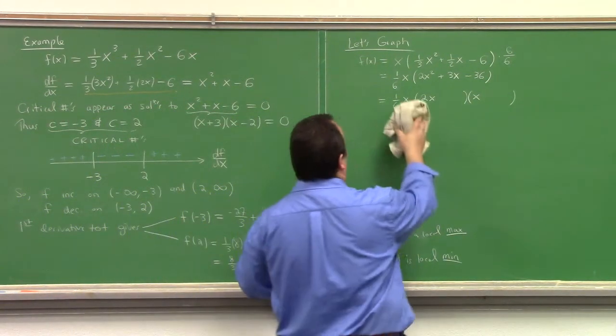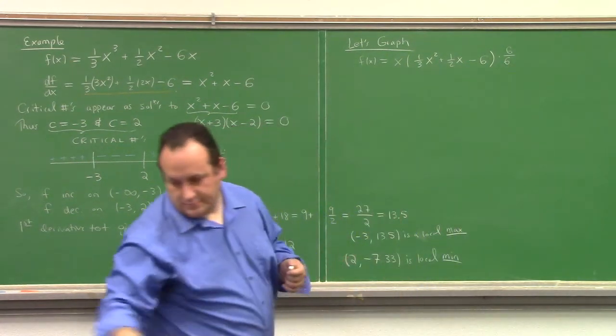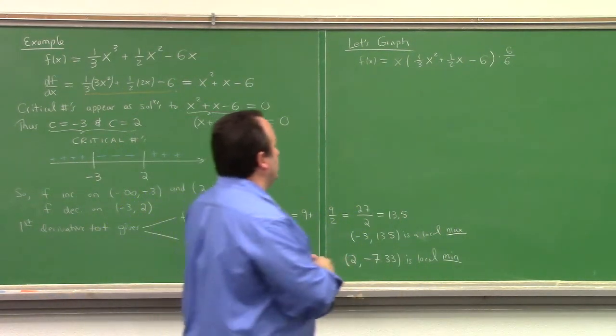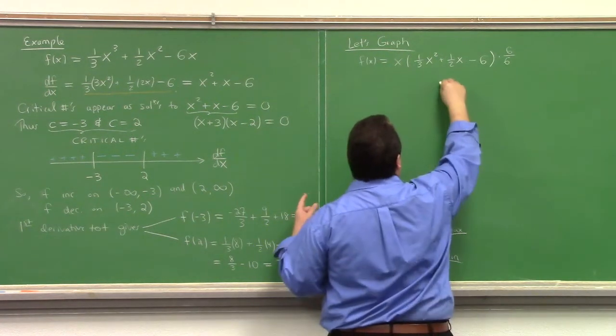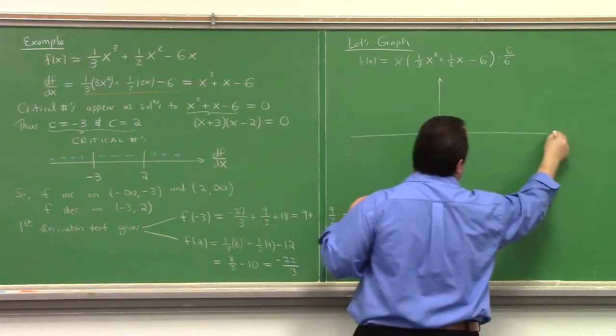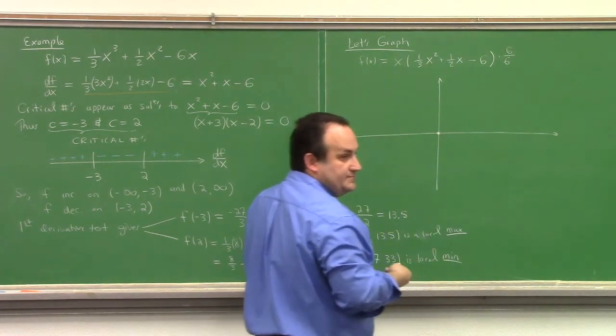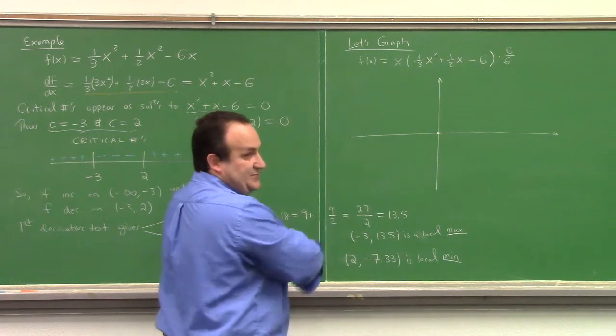So I'm going to stop right there on that. The larger point here is this much we can say for sure: this is a point on the graph, 0, 0. x equal to 0 is an intercept.